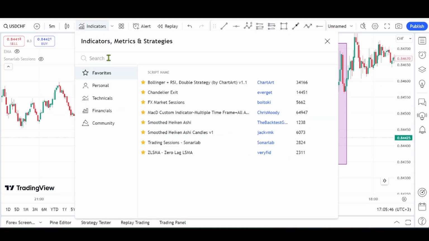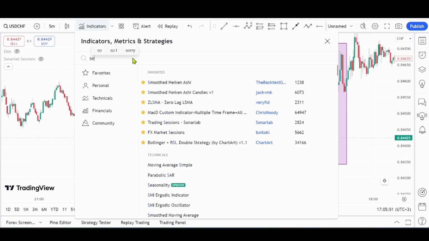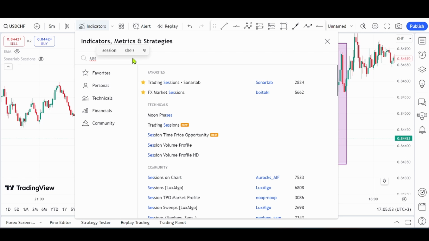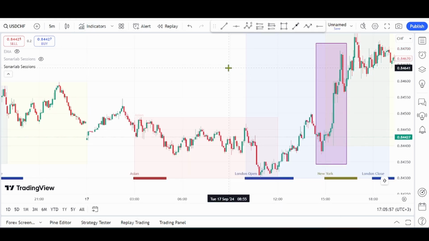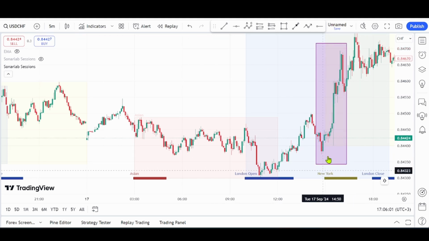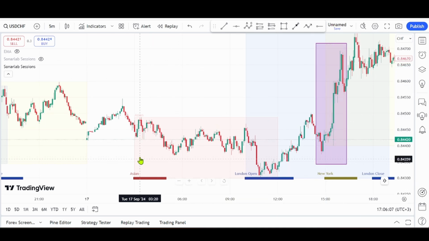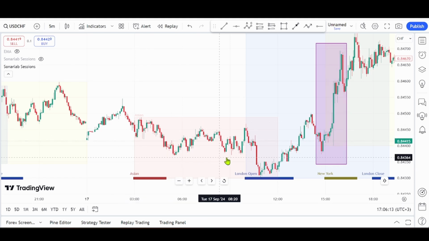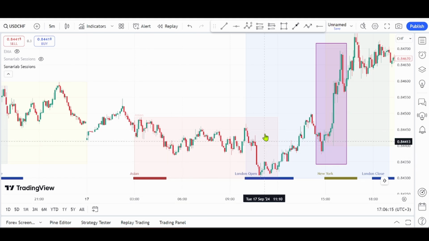To know the trading session, you can just type here "session", trading session, then you will be able to see the sessions. Now this was New York. We had a lot of volume here. You can see the Asia, there was no volume here in the Asian trading session.